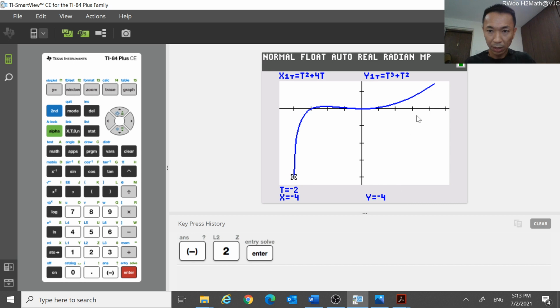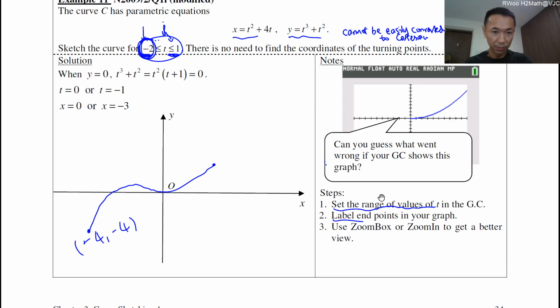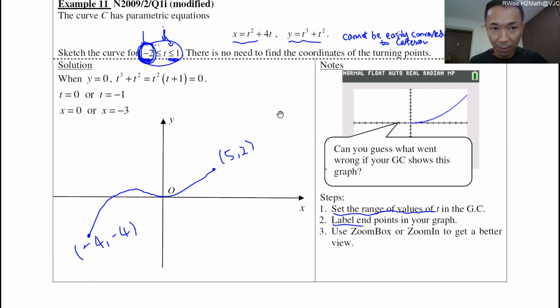Then, what about this endpoint? You suspect t equals 1, we press 1. Then you will get nicely x equals 5, y equals 2. Very good. But if you look at the solution printed for you here, for curves, you also need to label the intersects. Here.